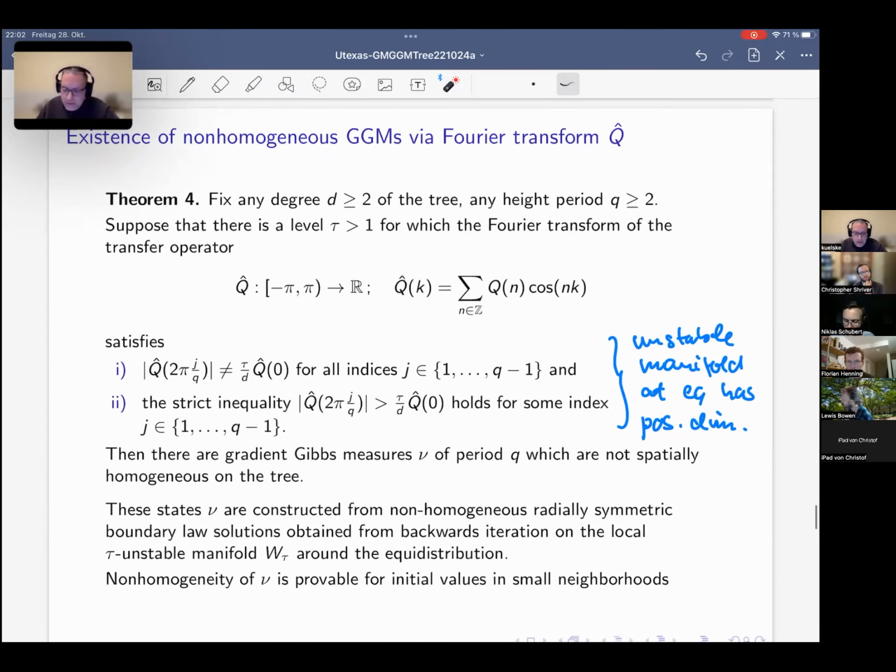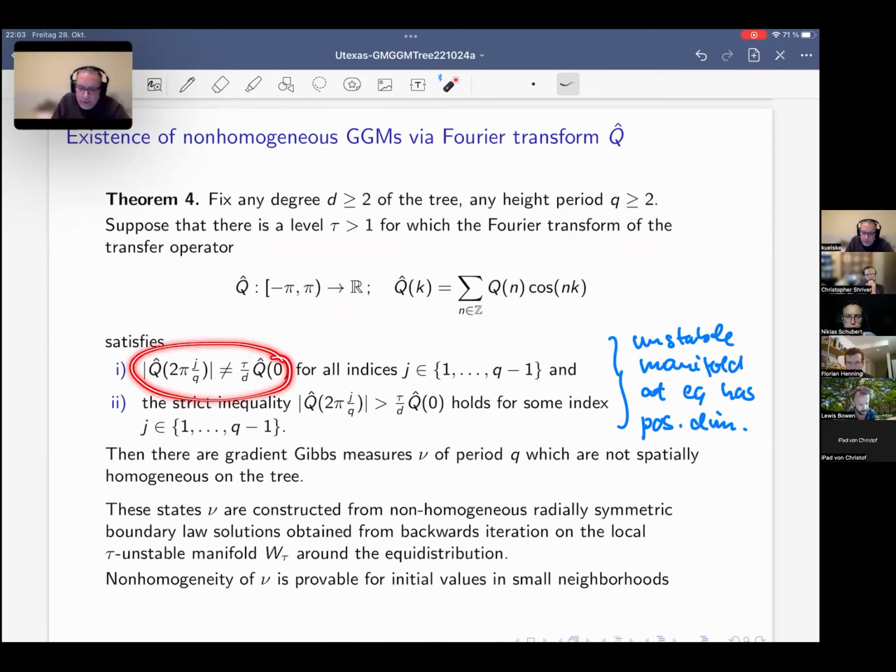Let's say this is the last slide. We harvest the following. We do a linear analysis and lift it by the generalized stable unstable manifold theorem, and this gives us the following: for any degree of the tree, any height period q, if there's a level tau for which the Fourier transform of the transfer operator, the Gauss Fourier transform, satisfies the following condition.